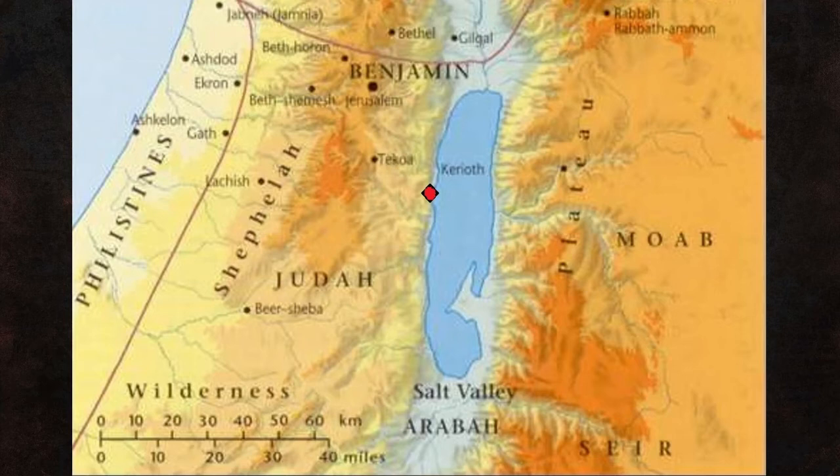Tekoa in between here is pretty close. Bethlehem would be in here somewhere. I don't think even 20 miles-ish. And there's a mountain pass in here that's quite important to our story, the mountain pass of Ziz. But so it's close to Jerusalem. This was an emergency. The king had to do something about this.